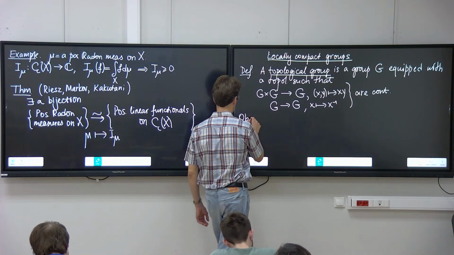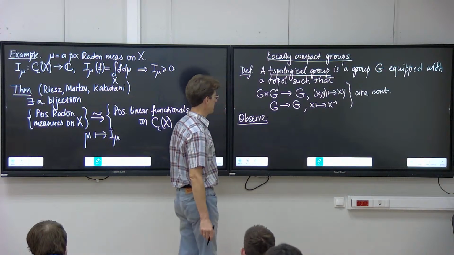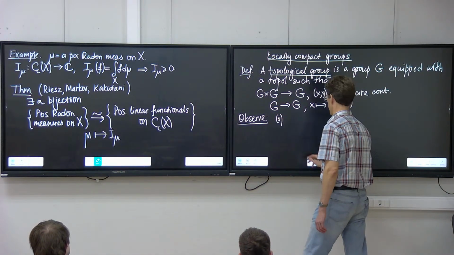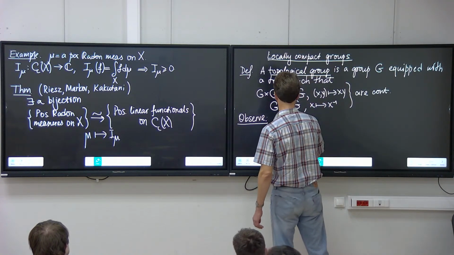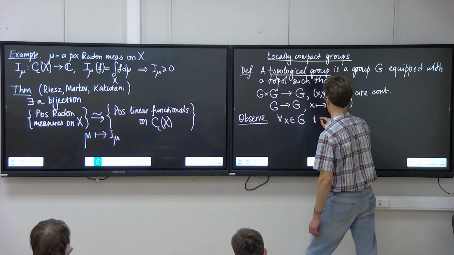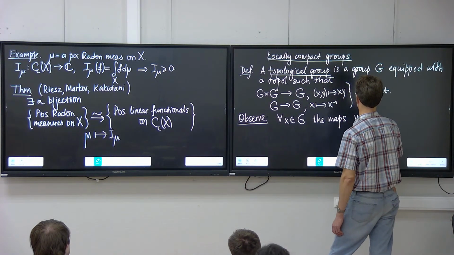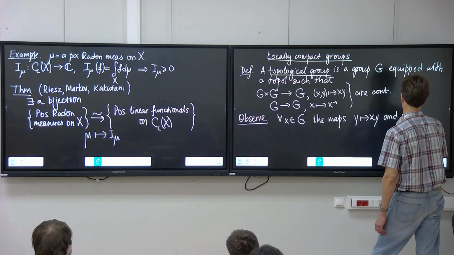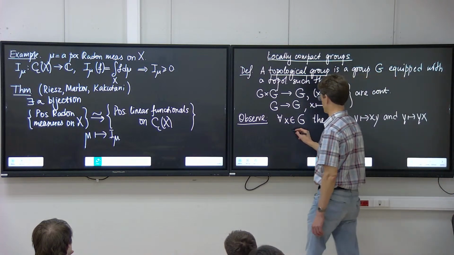Let's make some straightforward observations, which are immediate from the definition. First of all, let's observe that for every x in G, the translation maps, the left translation and the right translation maps, which take y to xy and y to yx, are homeomorphisms of G onto itself.